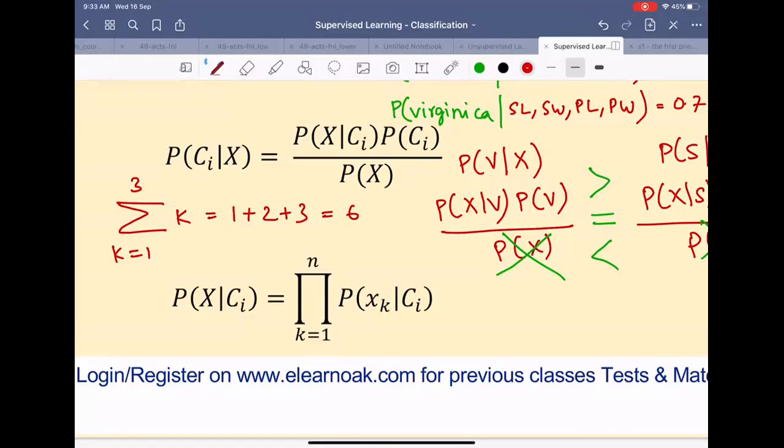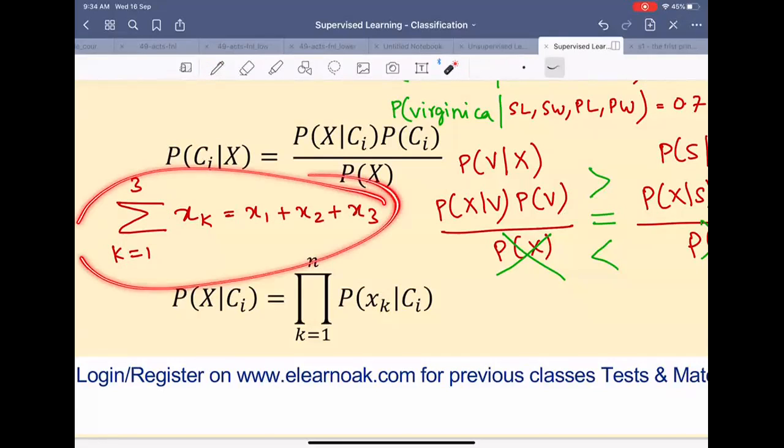If instead of k, I have x subscript k, then this sigma symbol, summation of x of k for k from 1 to 3, is x1 plus x2 plus x3. Many of us are familiar with this.